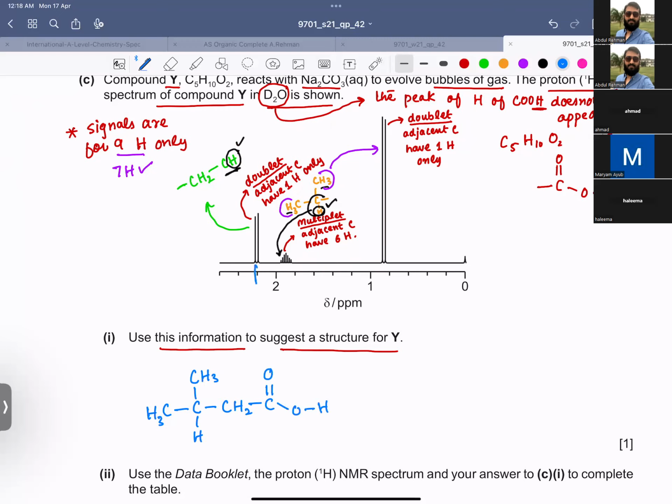That's why it is appearing at a higher chemical shift. So this is the structure of Y. Is this clear to everyone?